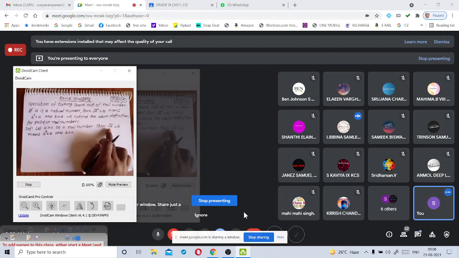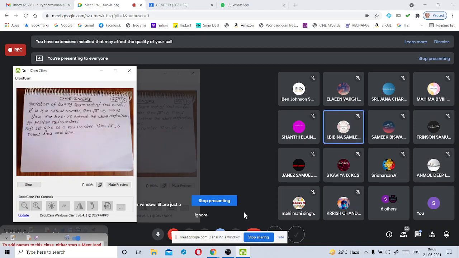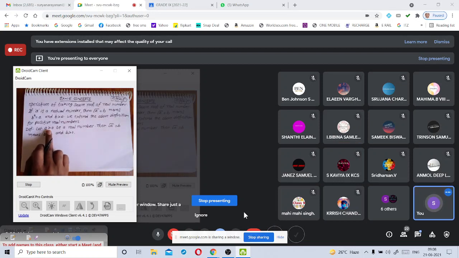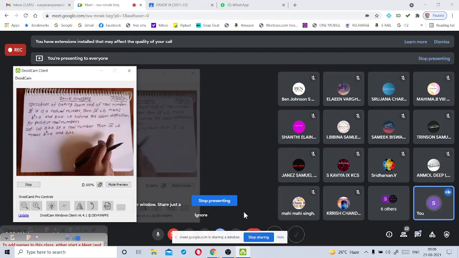Sir, b should not be 0, or it can be equal also? Now here, see, what is the value of a here? a is greater than 0, yes or no? If a is greater than 0, then the b value is also a positive real number, not 0.